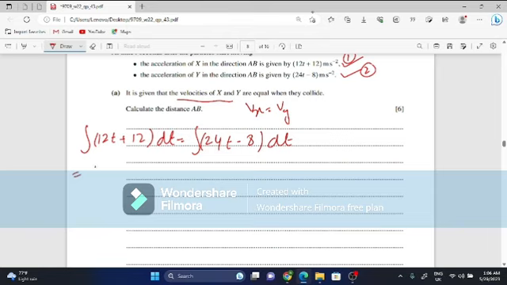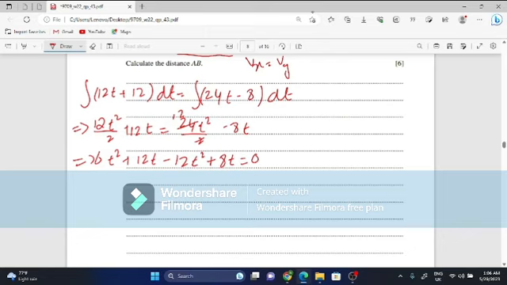That gives you 12t square by 2 plus 12t, which is equal to 24t square by 2 minus 8t. So do the simplification. 2 times 6 is 12, so it would be 6t square plus 12t, minus 2 times 12 is 24. So shift this 12t square to the other side, that will be minus 12t square, and 8t to the other side, that will be positive 8t, which is equal to 0.